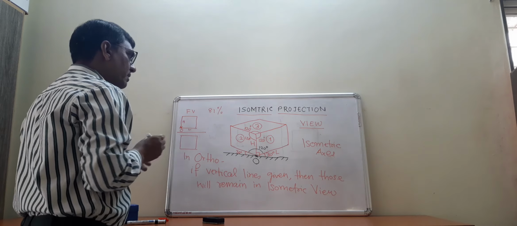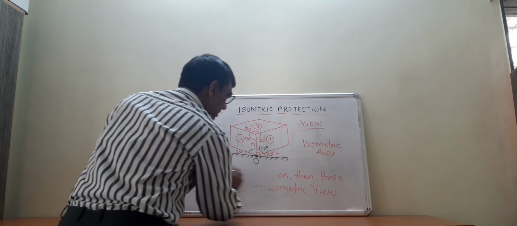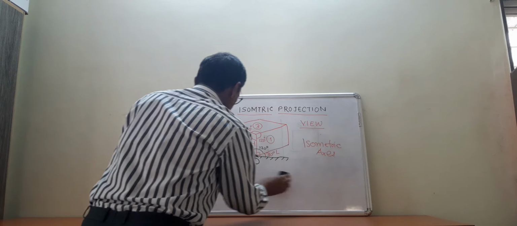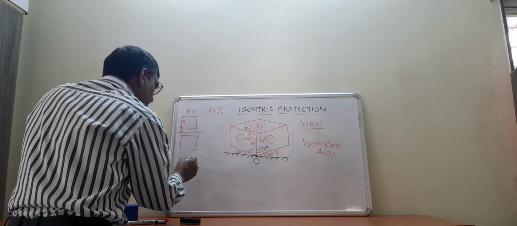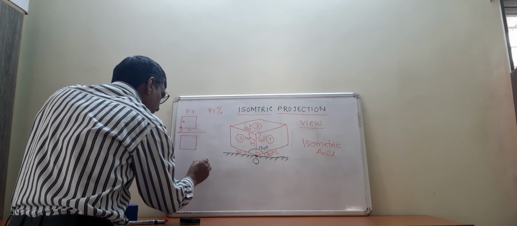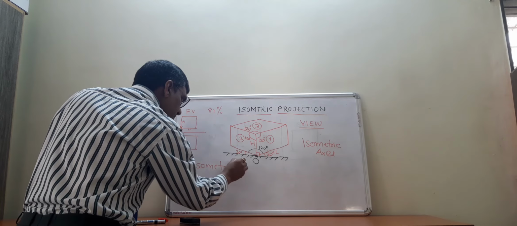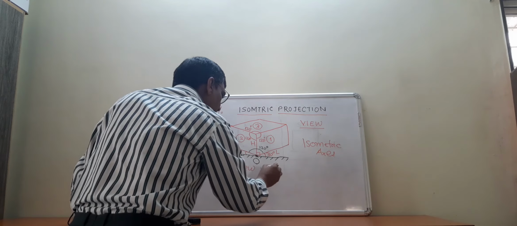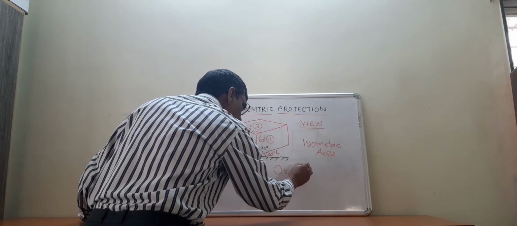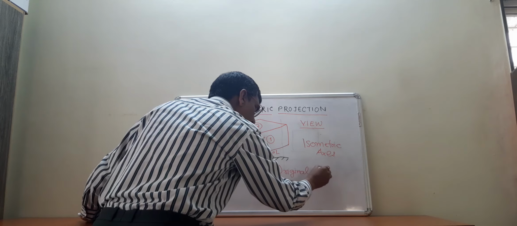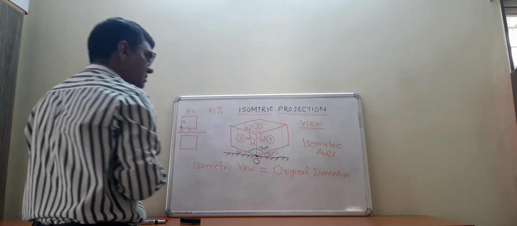That means whenever we want to study the difference between isometric projection and isometric view: in isometric view, the original dimension will be taken for study.